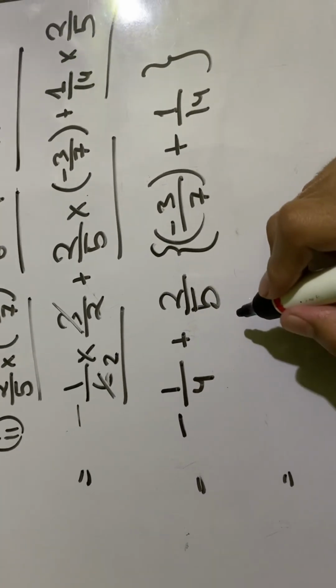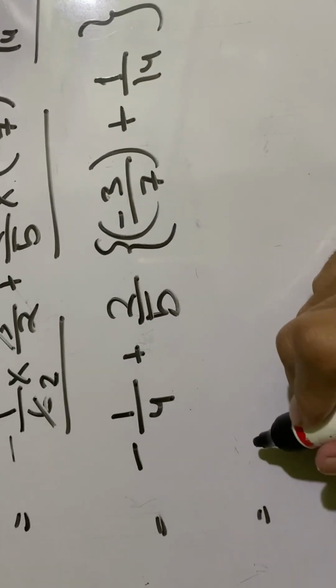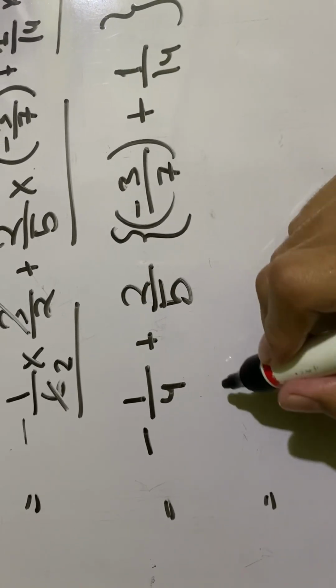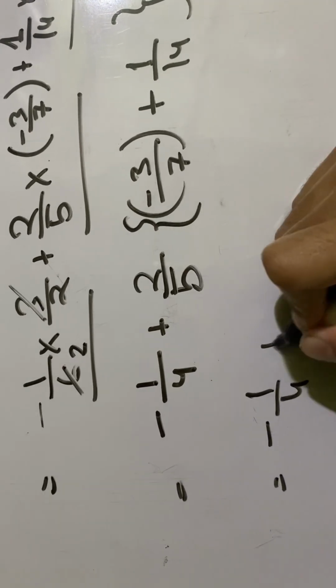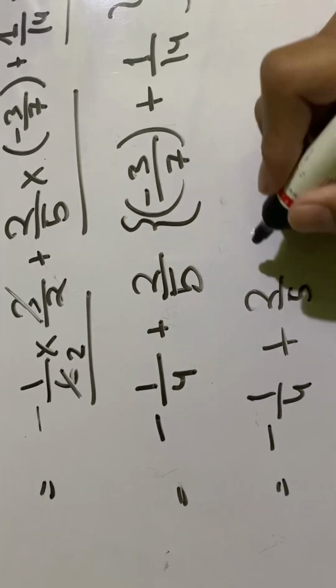See, then we will do minus 1 by 14 plus 2 by 5.